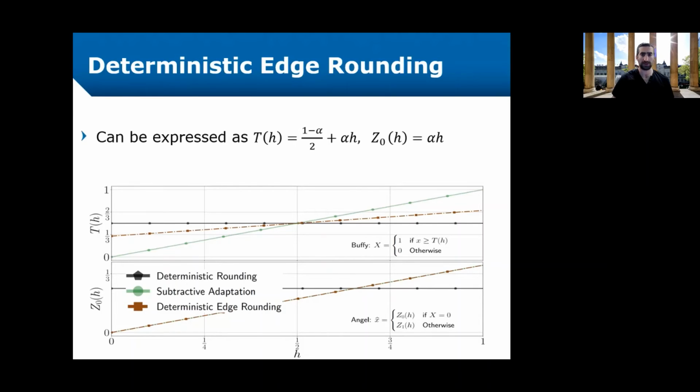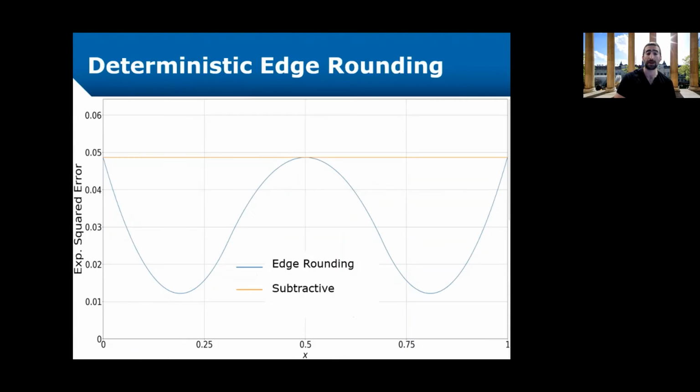And it turns out that this algorithm doesn't actually improve the cost. If you optimize the parameters, we can see that at the worst case input, we get the same expected squared error as if we were not rounding the edges. So why am I telling you about this? Why is this algorithm interesting?